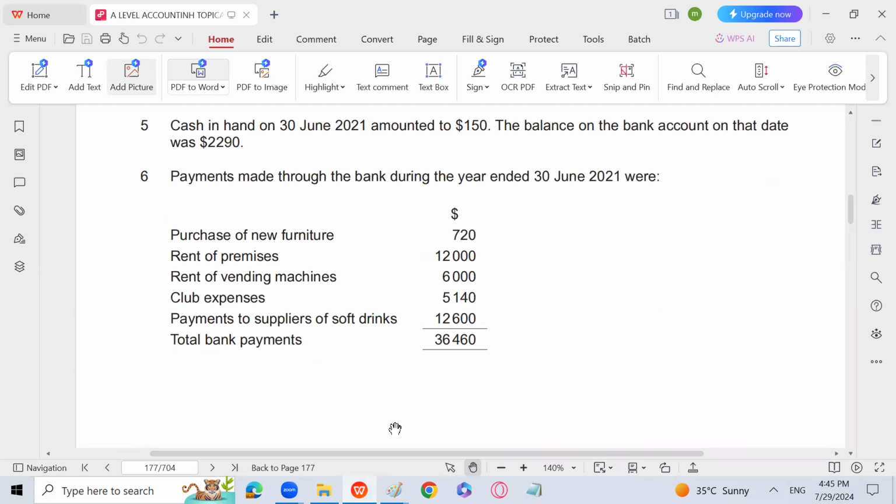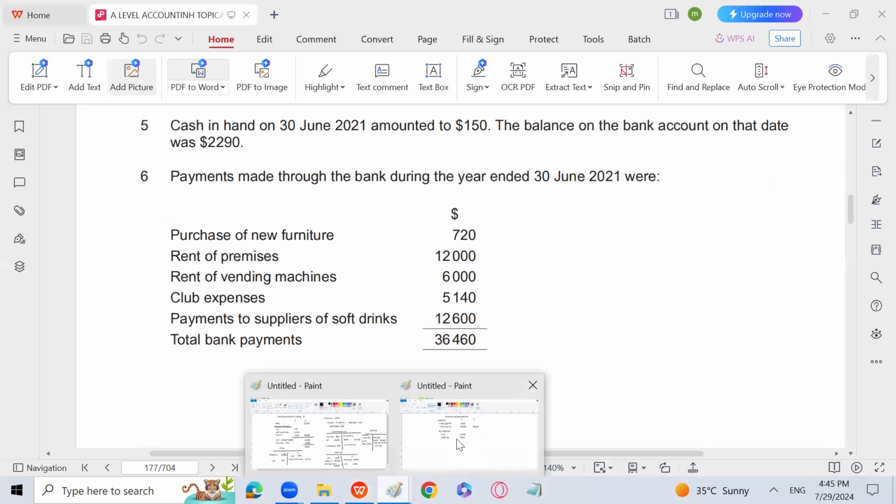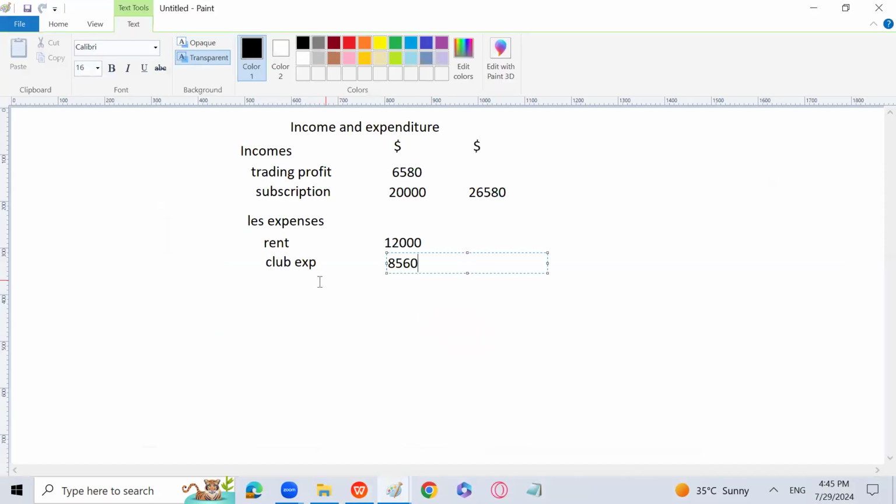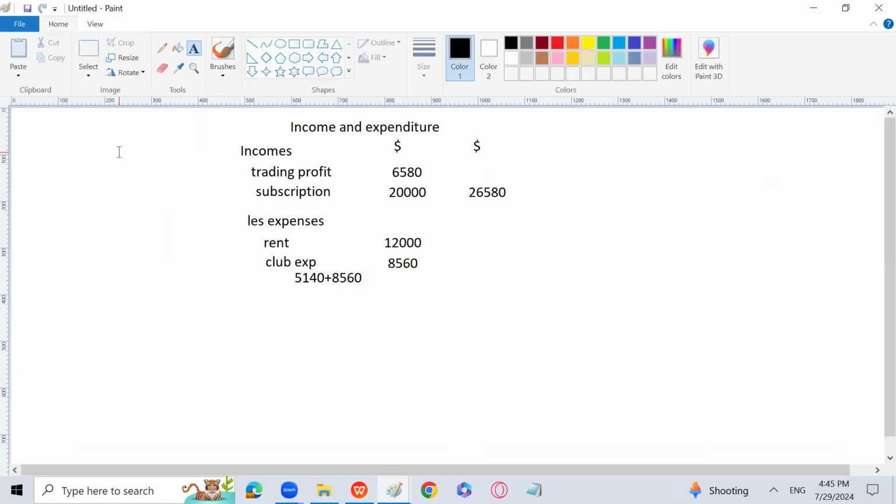I have to add them, both the expenses, 5,140 plus 8,560. Because there are club expenses which have been paid through cheque, through bank, and there are club expenses which have been paid through cash.